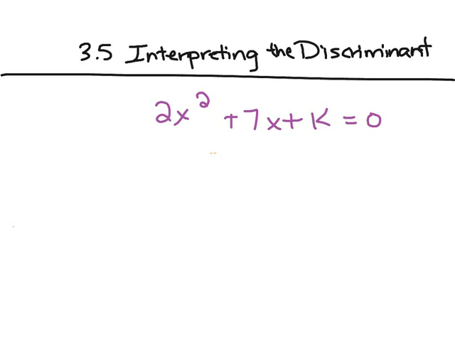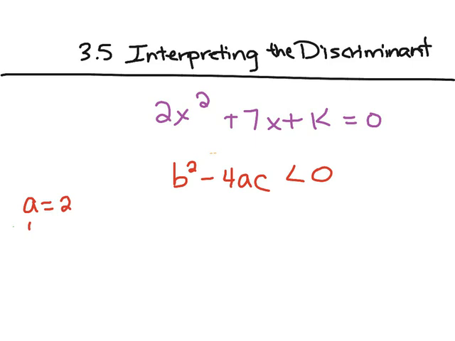So for example 1, determine the values of k for which 2x squared plus 7x plus k equals 0 has no real roots. So what we want is our discriminant to be less than 0. We're just going to substitute in our values.